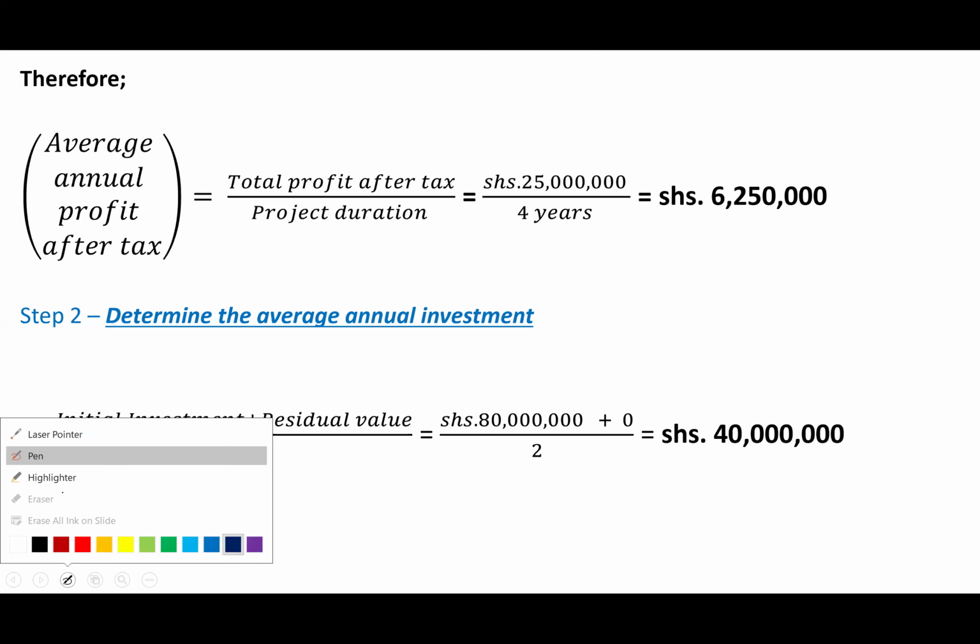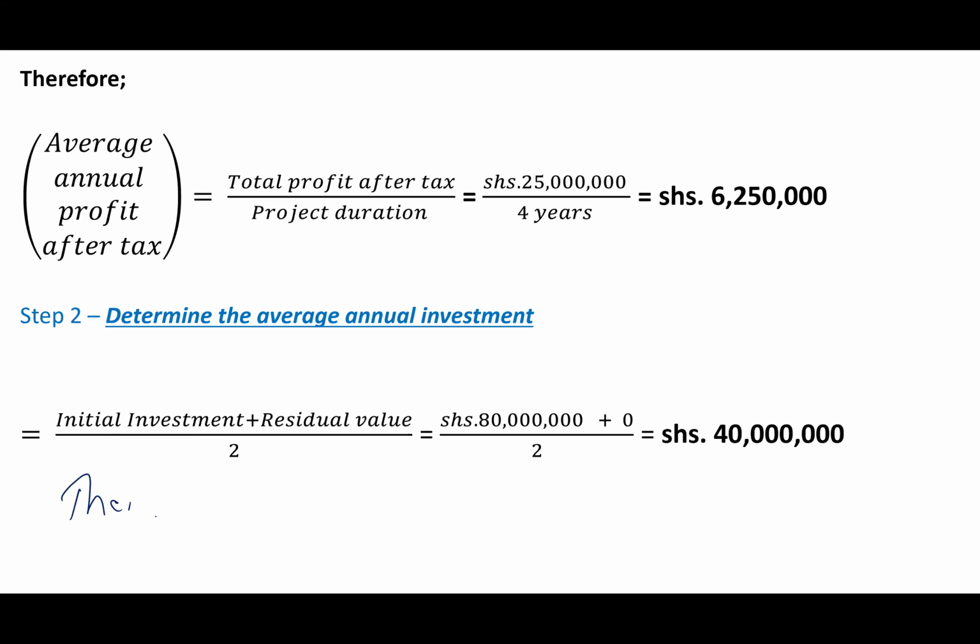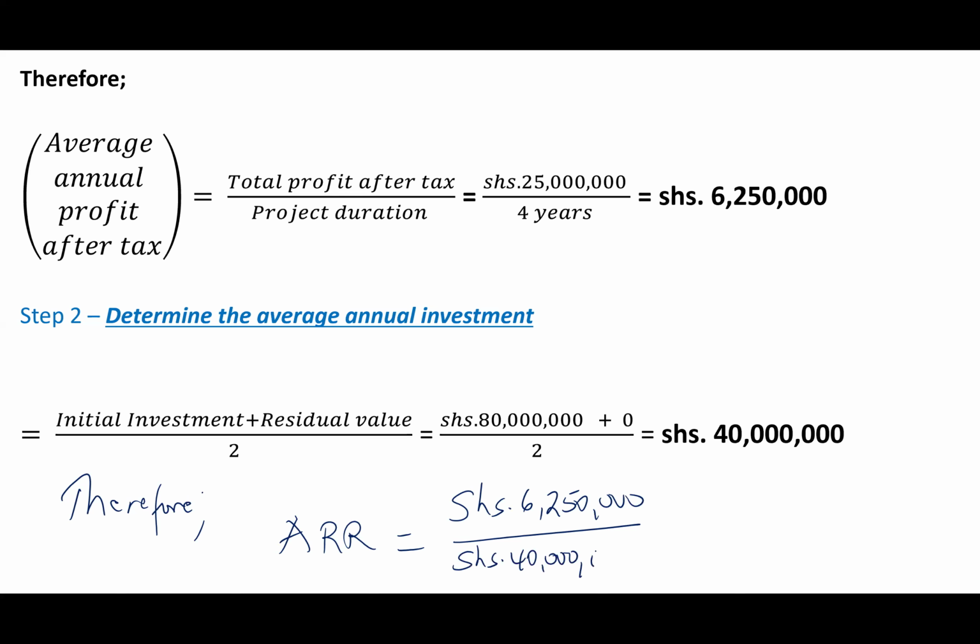Therefore, our accounting rate of return is 6,250 divided by 40 million times 100%, which gives us about how much?